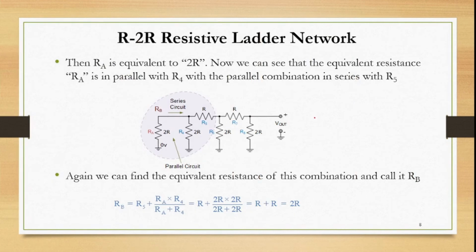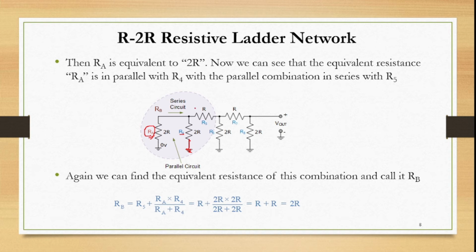We put the value of RA here, as it is again connected to ground. We shift to the next section, which is connected to ground. Now RA and R4 become parallel, and R5 is in series.